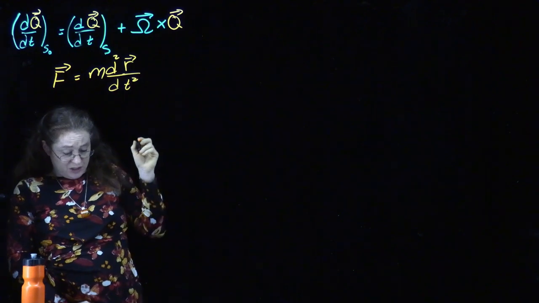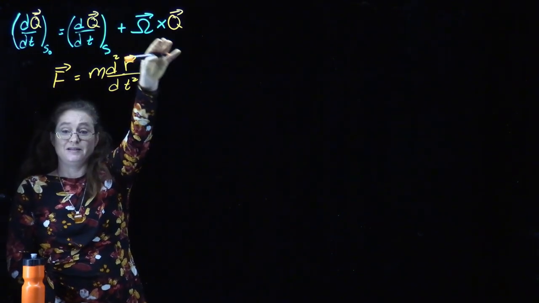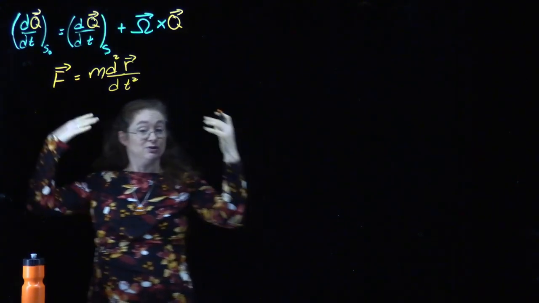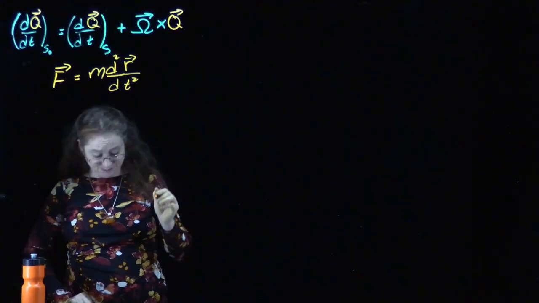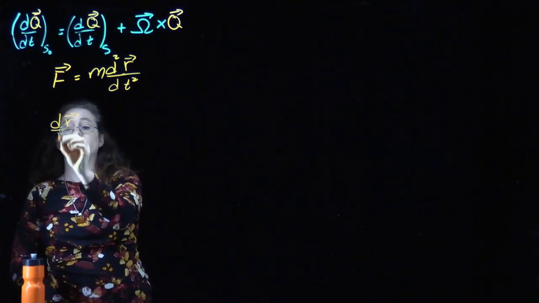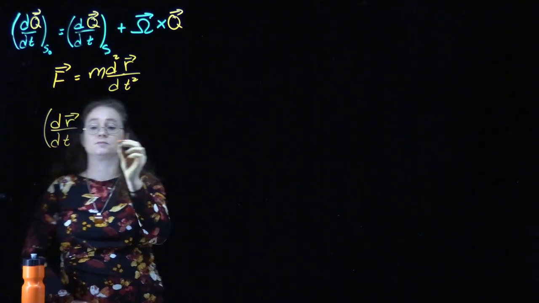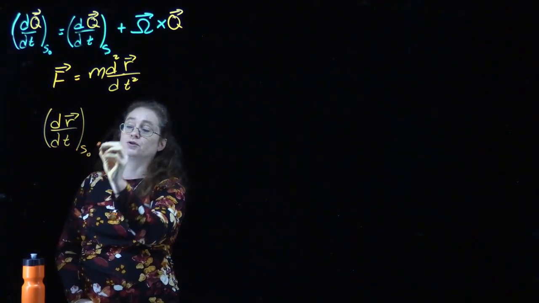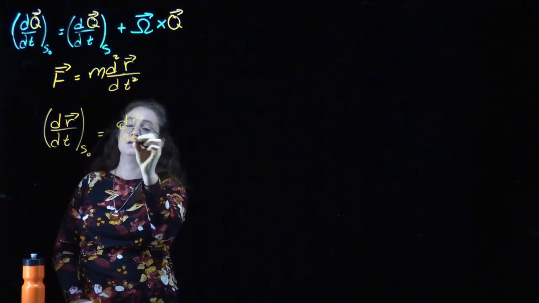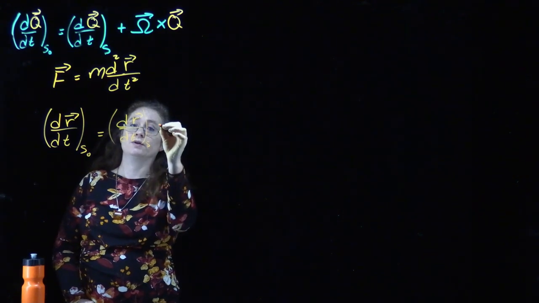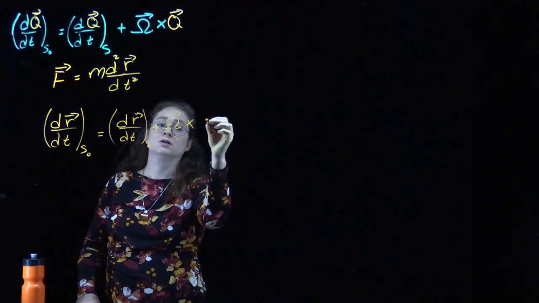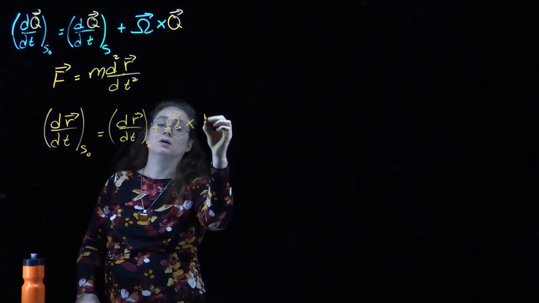Okay, so now we are going to attack this problem. We are going to start, so think of this as like an operator. So I have drawn Q in a different color. We're going to apply the operator twice. We're going to start by applying it once. dr/dt in the inertial reference frame is equal to dr/dt in the non-inertial reference frame plus omega cross r.